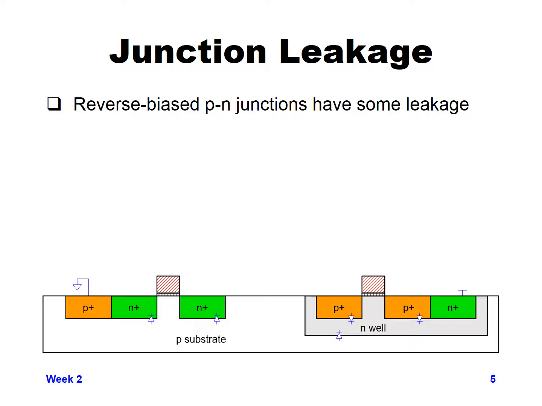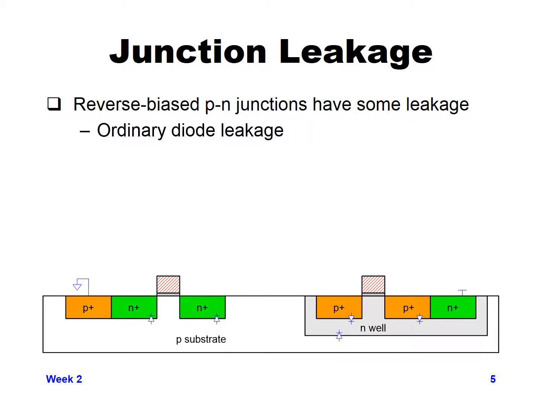In this case, if you look at the diagram below, you can see we're using a P substrate, so we have PN junctions to the N plus diffusions for the NMOS device. Then we have an N well, so we get reverse bias junctions from the N well to the P substrate. And we have the P plus diffusions for the PMOS device inside the N well, and so we get reverse bias junctions for those PN junctions as well.